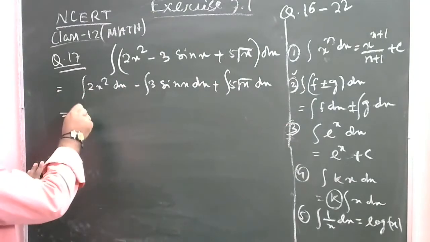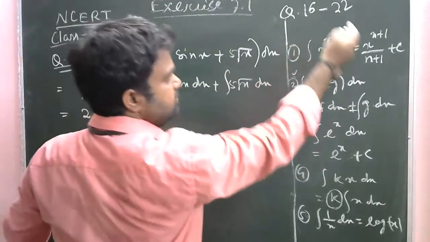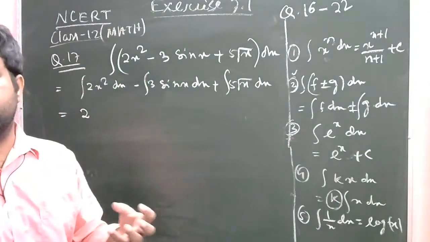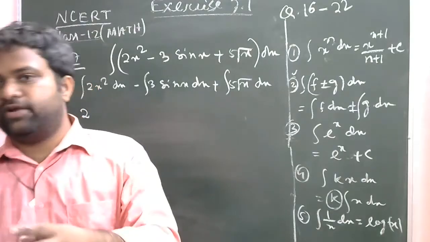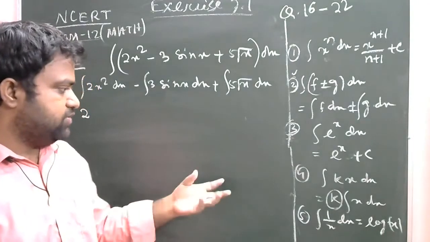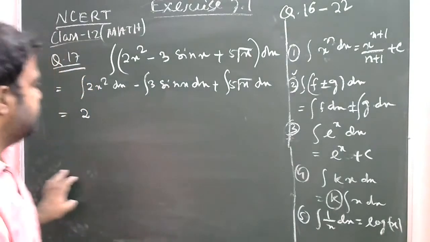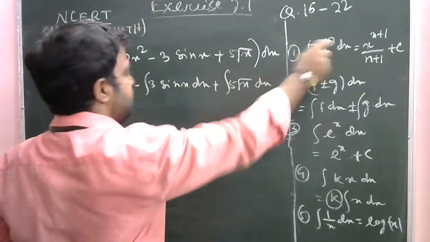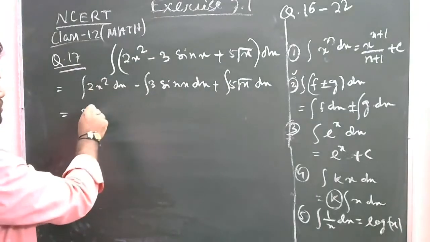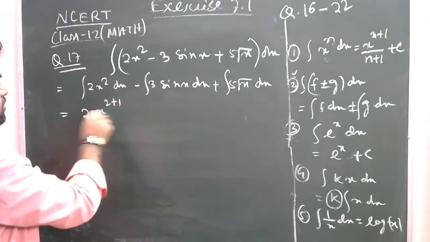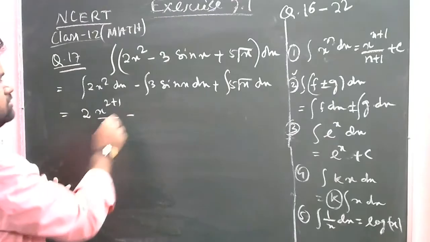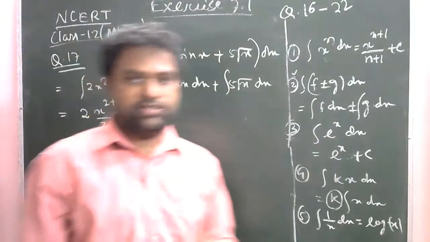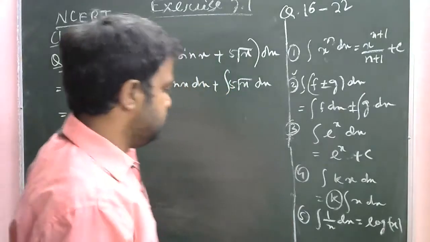Now 2, a constant, will come outside, using the formula that if a constant is multiplied with a function, the constant will come outside. For x square we'll use the first formula, x to the power n, that means x to the power 2 plus 1 by 2 plus 1. Minus 3 will come outside, and the integration of sin x: what is the integration of sin x? Is it cos x?